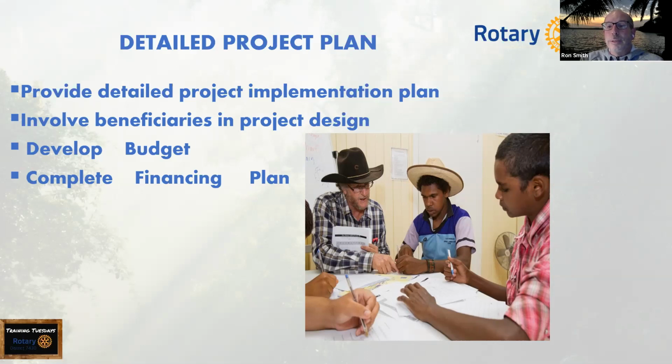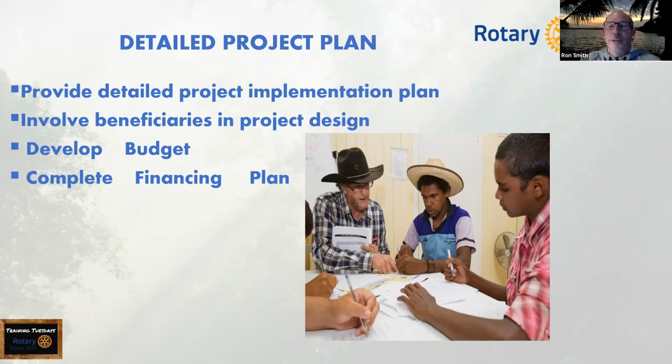If the project is a $45,000 borehole project, and it's going to be $15,000 for the drilling and $6,000 for the tanks and $3,000 for the piping and kiosks and the security fence, then you have a budget.